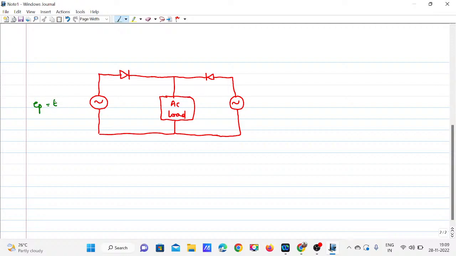EP is equal to EM sin omega t. Even for this one, EP is equal to EM sin omega t, so both the voltages are the same.